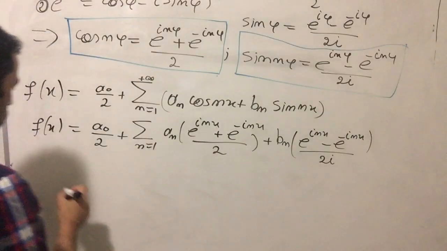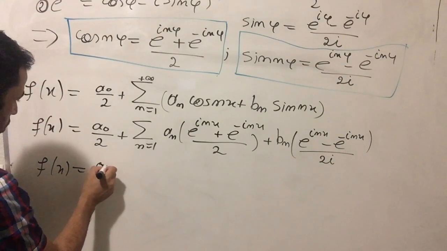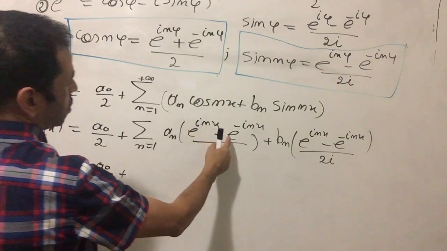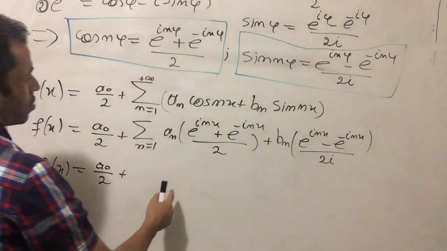Okay, so now f of x equal, I'm going to put e to the i n x and e to the minus i n x as multipliers.